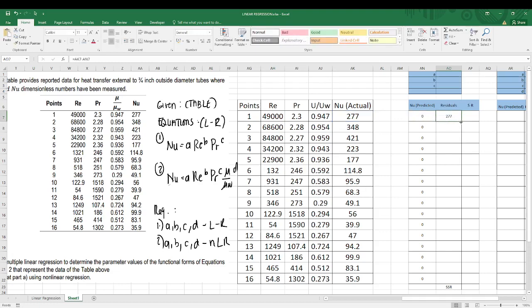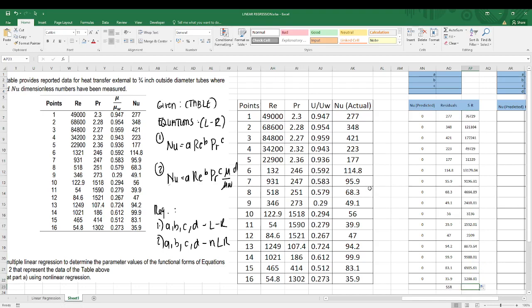And we didn't have to drag the dollar signs. And we will square this one. So square, we will just drag this, and we will take the SSR, the sum of the square of the residual.